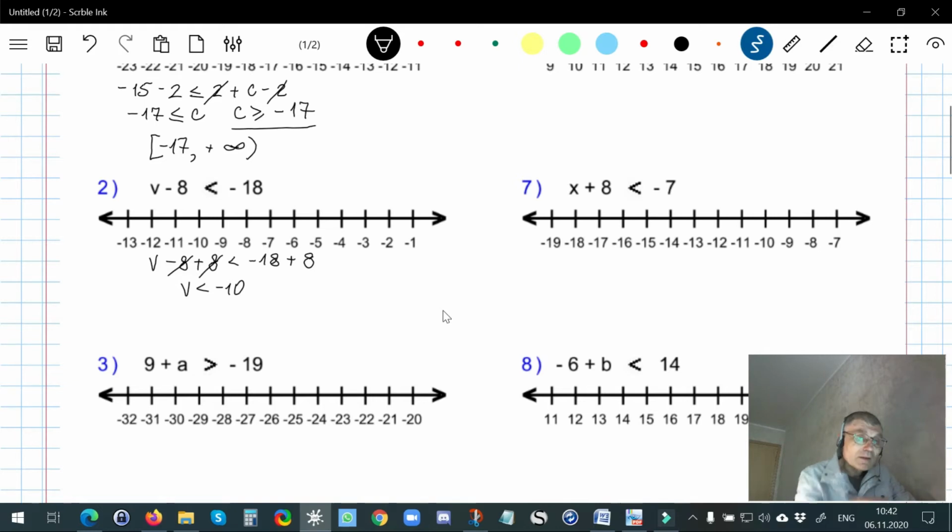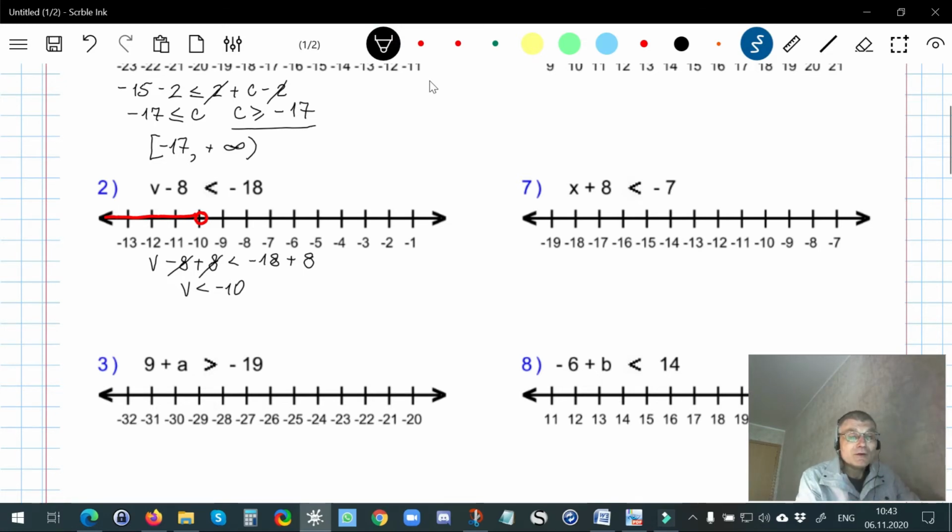Our second step is to graph it. Nice. Negative 10 is here. And as v is less than this number, we go back to negative infinity.